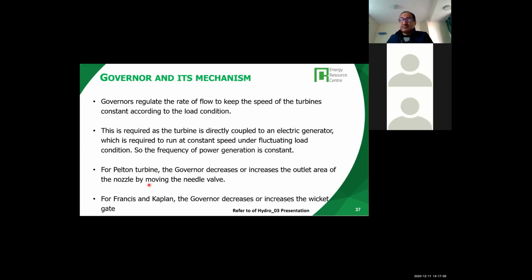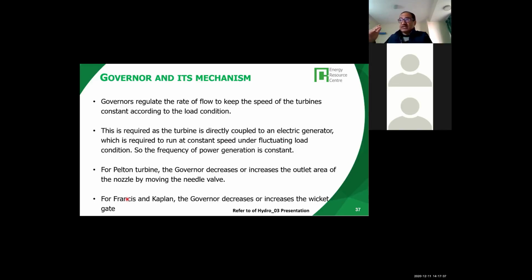Again, there is the governor mechanism which helps regulate the flow to keep the speed of the turbines constant according to the load condition. We want to keep the turbine speed so that the frequency is maintained. This is required to directly couple to an electric generator to run at a constant speed.